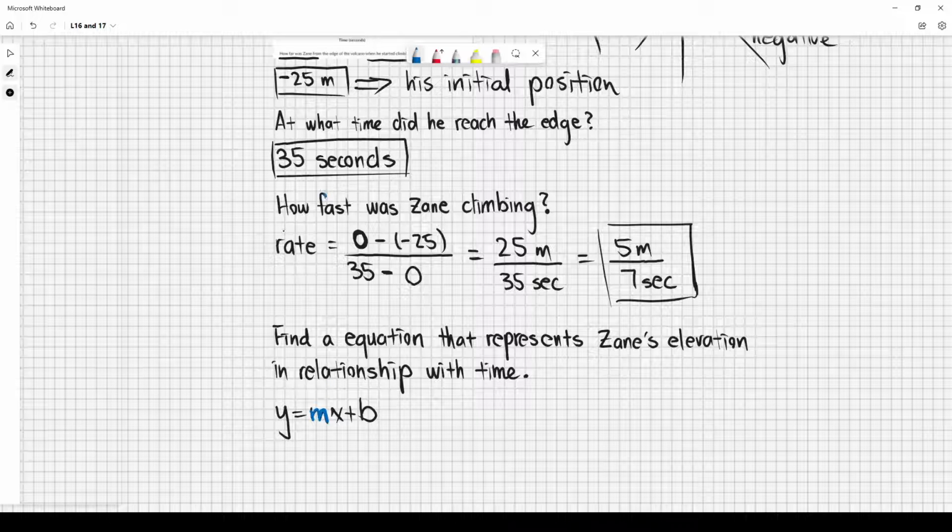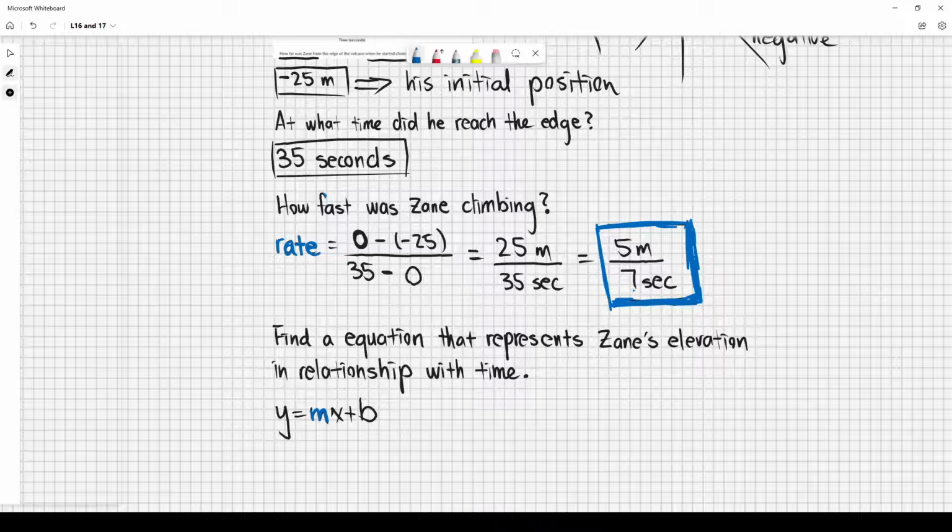Slope is how fast, so it's a rate. Slope and rate are the same thing. So what is the slope equal to? I just want the slope first. It's not just 5. The slope is 5 meters per 7 seconds. That's the rate. That's how fast he's going.